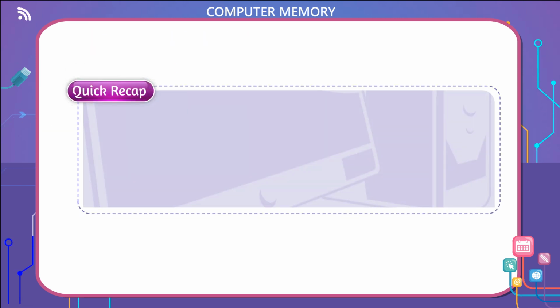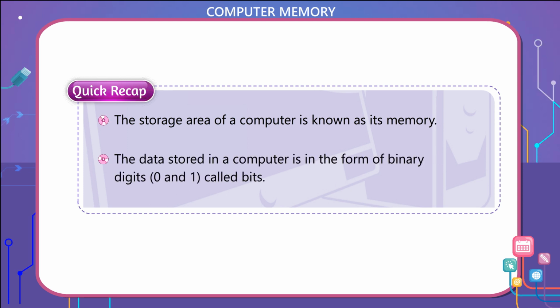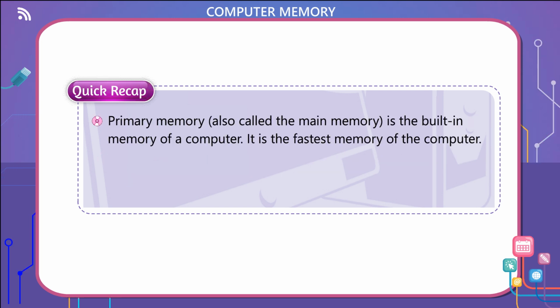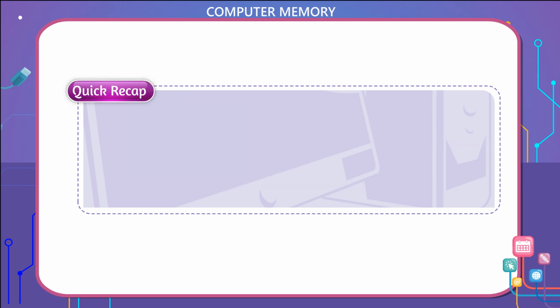Quick recap. The storage area of a computer is known as its memory. The data stored in a computer is in the form of binary digits 0 and 1, called bits. Primary memory, also called the main memory, is the built-in memory of a computer. It is the fastest memory of the computer. The primary memory is further divided into two types: random access memory, RAM, and read-only memory, ROM.